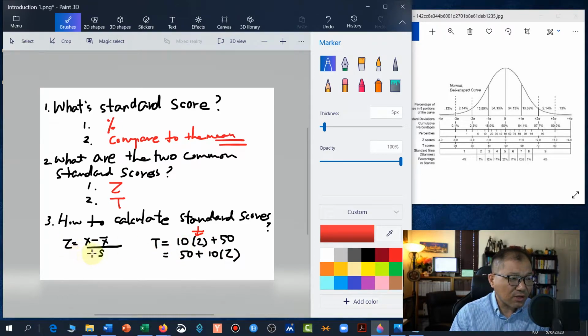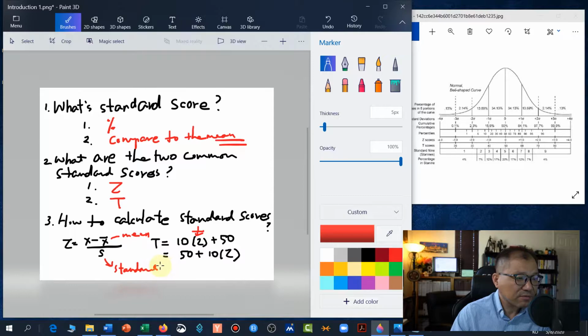So the z-score is x minus x bar over standard deviation. Here x means your score, or each x number, minus the mean. This is the mean, and S stands for standard deviation.